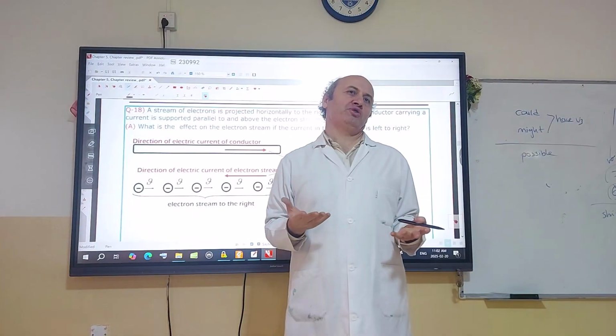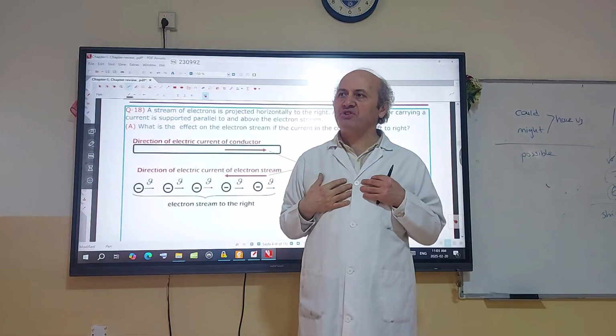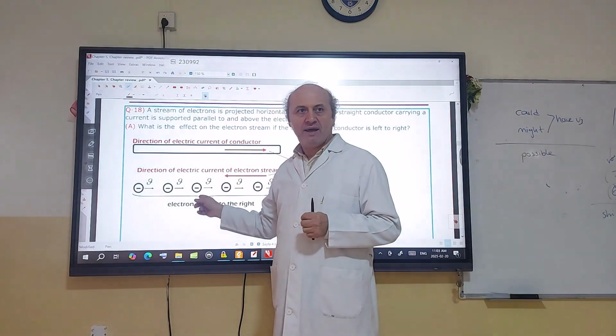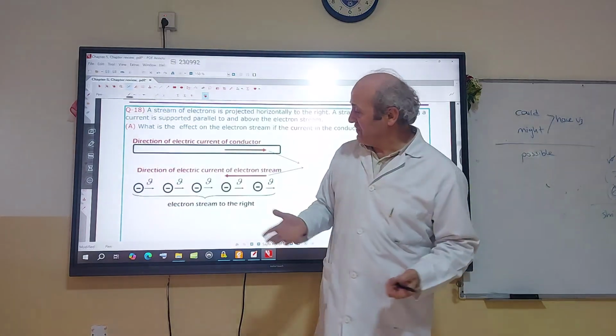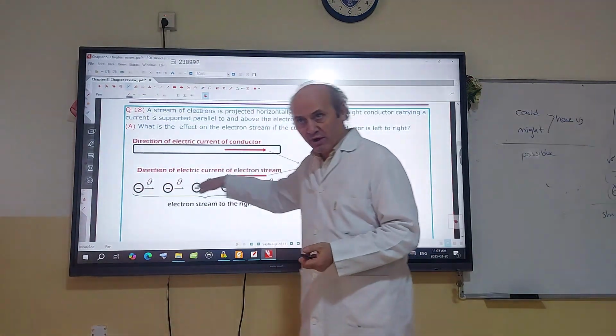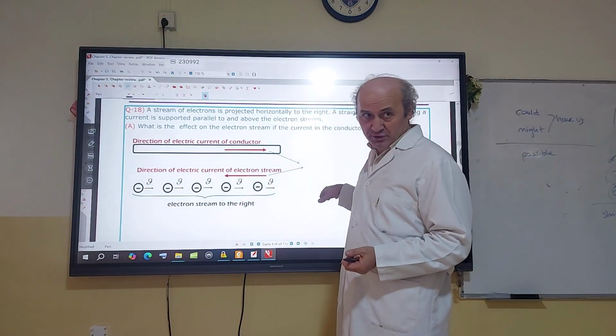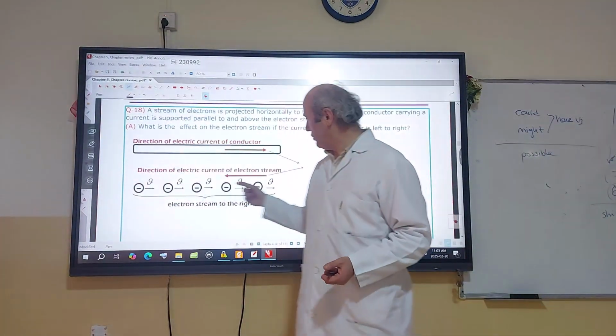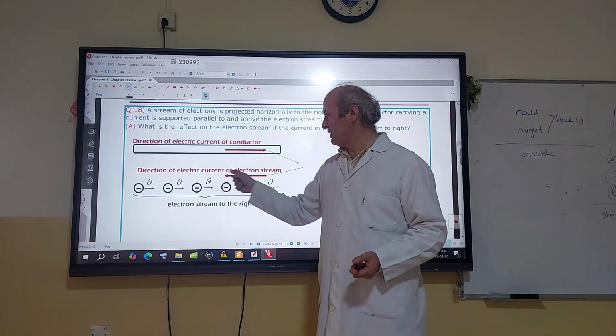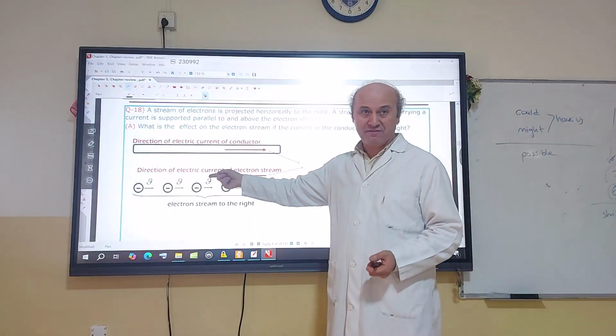There are two approaches in this problem. My approach is generally considering that electron motion is also producing electric current. If electrons are moving from left to right, electric current of this electron must be right to left. So this is the direction of the electric current of the electron stream, to the left.